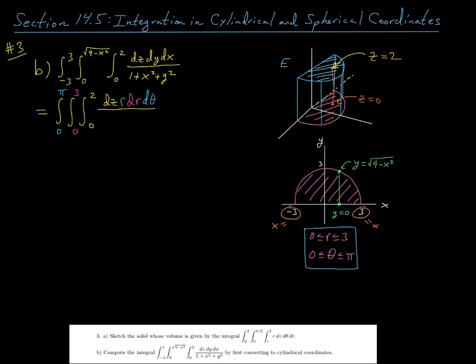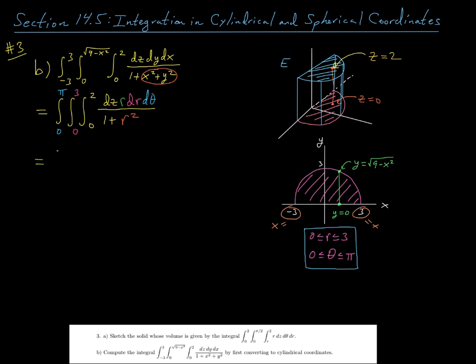And then downstairs I have 1 plus, and x squared plus y squared in cylindrical is just r squared. And so this is our integral now in cylindrical coordinates.